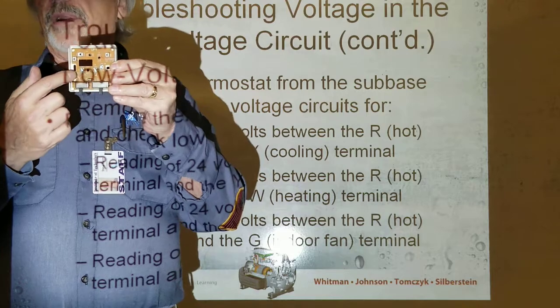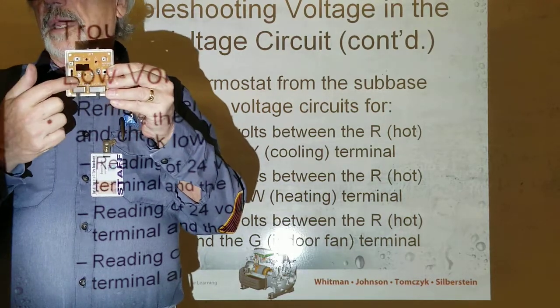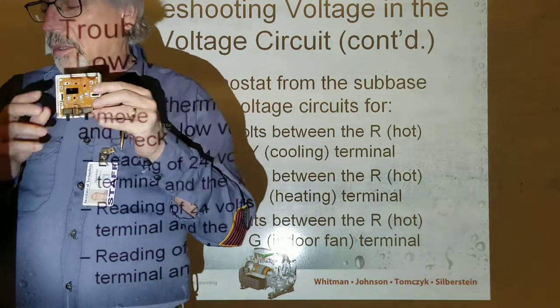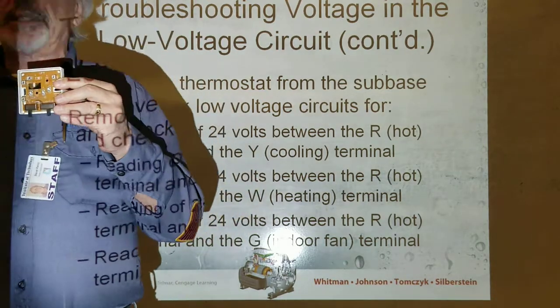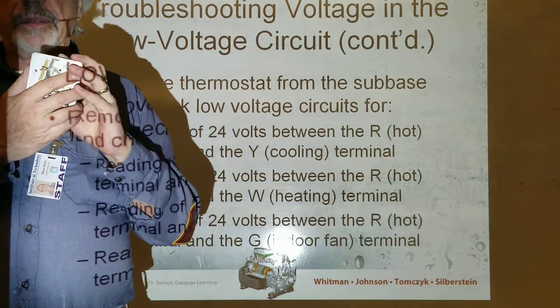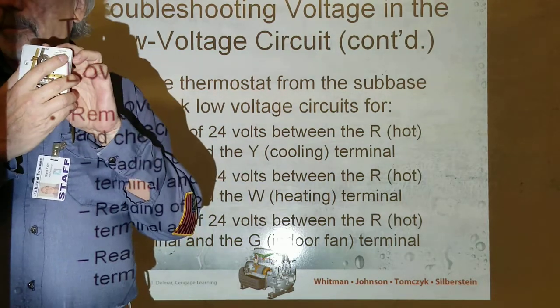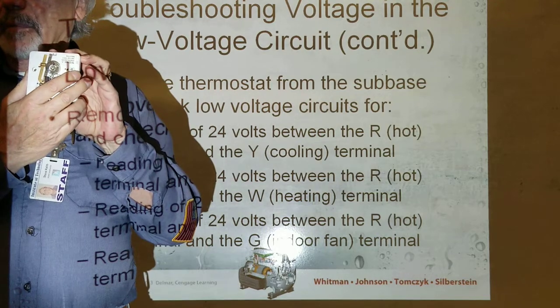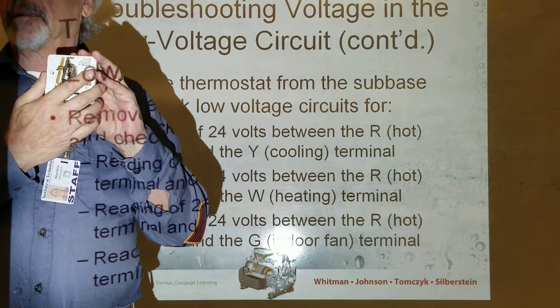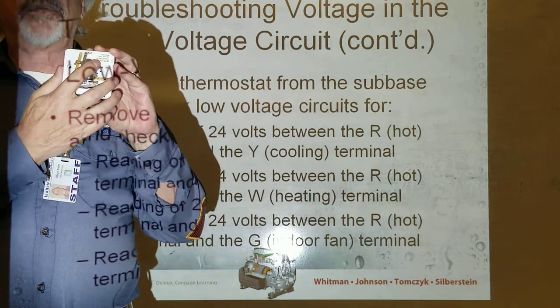You're going to check between R and W, R and Y, and R and G. On this particular thermostat, when the cover is on, the switches are in the circuit, so you can turn it on and off from the thermostat.